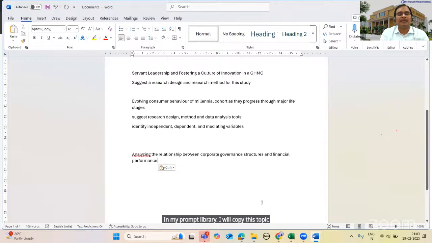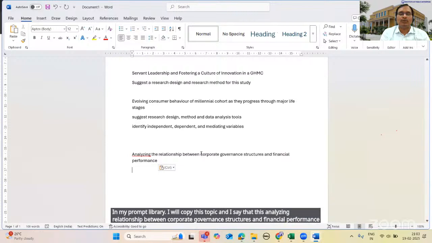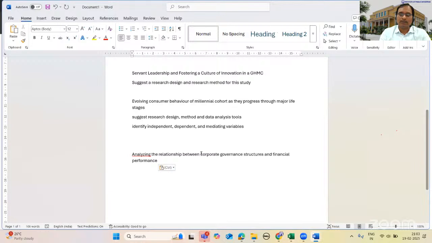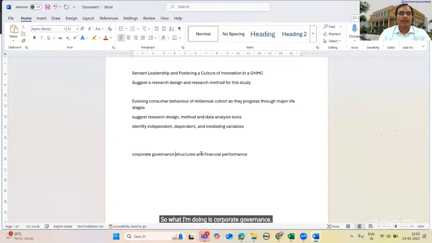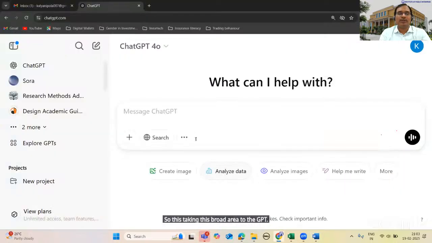For me, this is old; I want a more broad title. So I'm using corporate governance structure and financial performance, that's it. I'll copy this one. I'm going with a broad area, taking this broad area to the GPT.